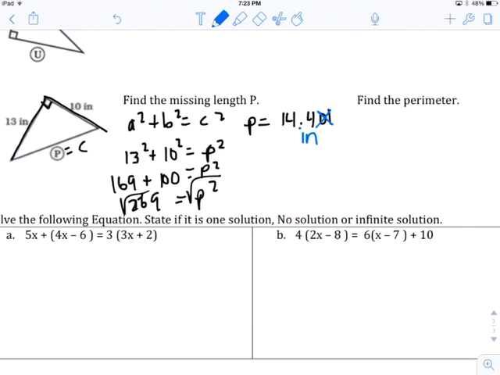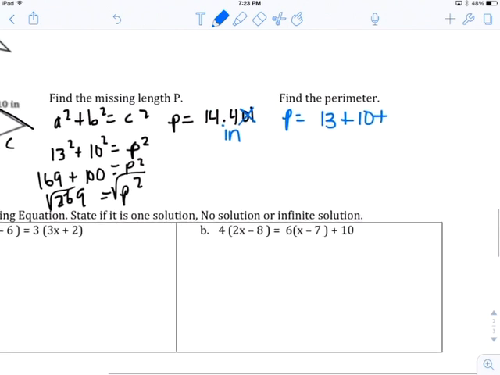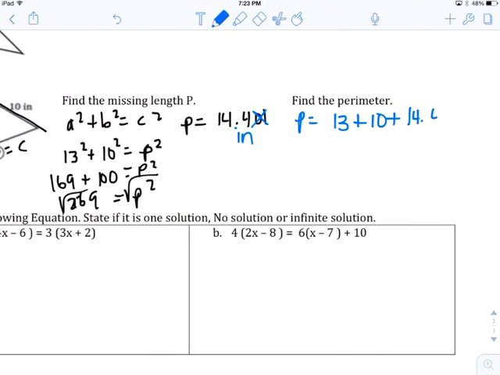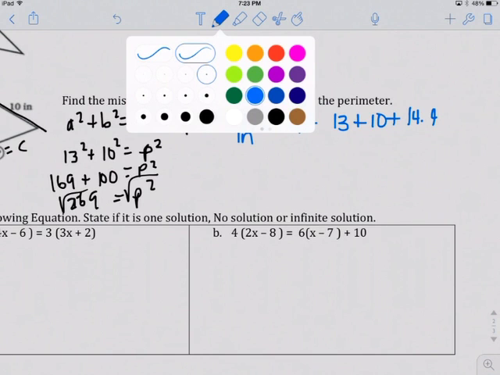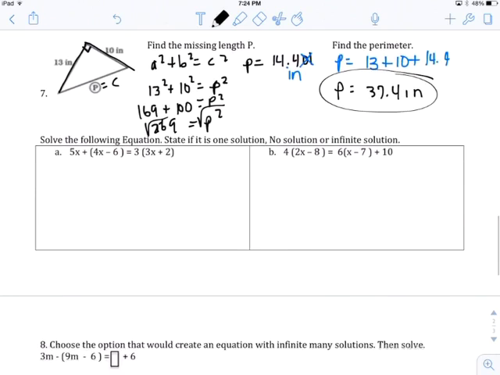Find the perimeter of all sides. Perimeter equals 13 plus 10 plus 14.4. And that gives you P equals 37.4 inches. And that's what's going to be on the test.